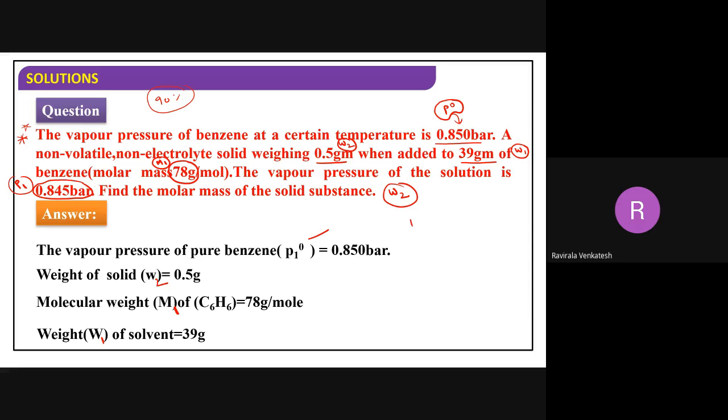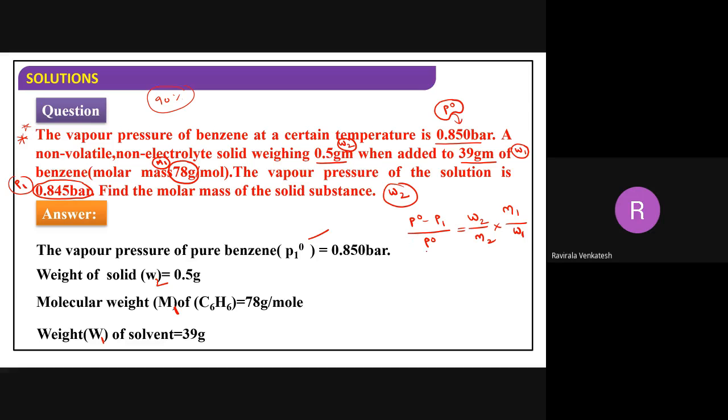I will write the formula and substitute: P naught minus P1, divided by P naught, is equal to weight of the solute by molar mass of the solute, times molar mass of the solvent by weight of the solvent.